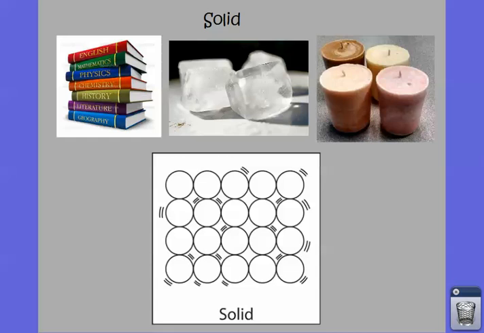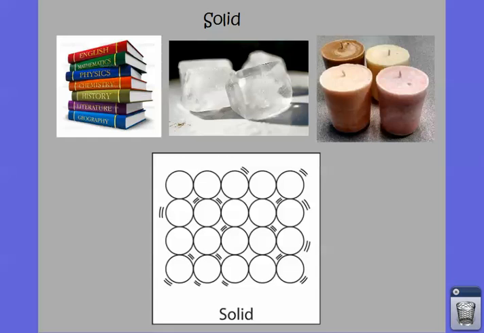So things like textbooks and ice cubes and candles are examples of solids. The particles just vibrate in place, and the shape is maintained. Additionally, if I put ice cubes into a glass, the ice cubes still keep their shape, so there's our definite shape. But they also keep the same size.